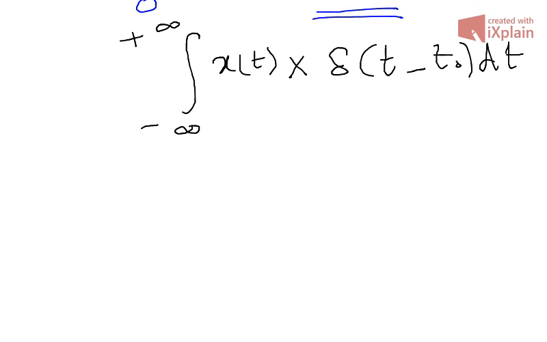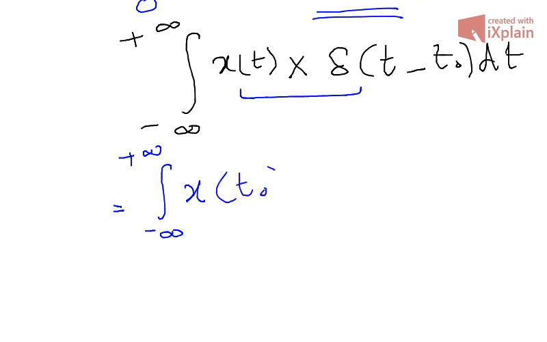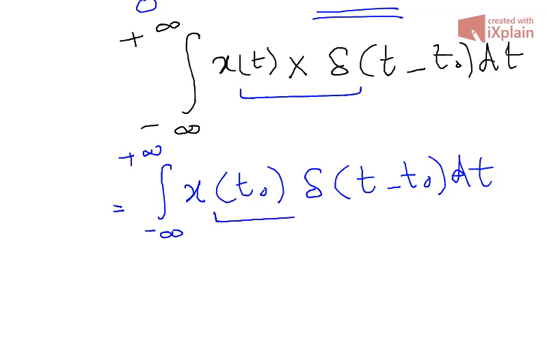Now as we know, this product has a value only at t equal to t naught, so we can rewrite this integral from minus infinity to plus infinity. This product is the same as this product, right?